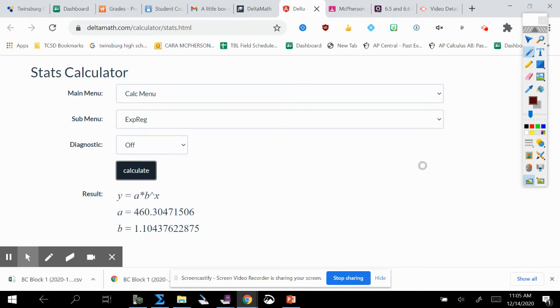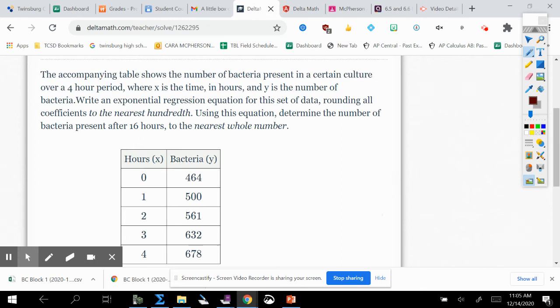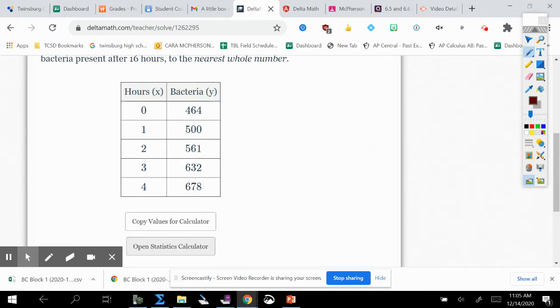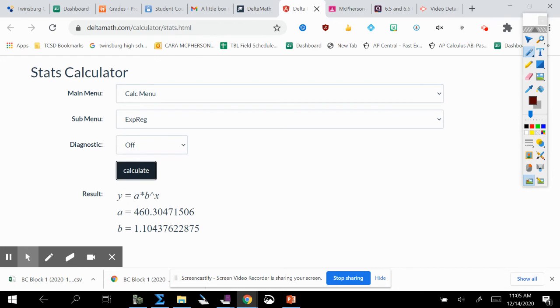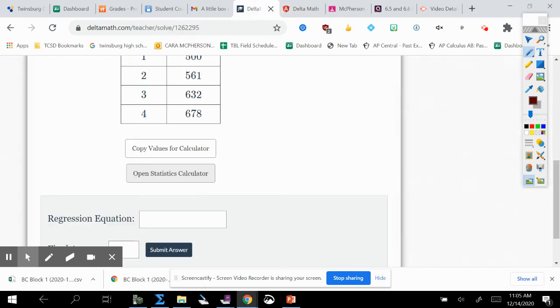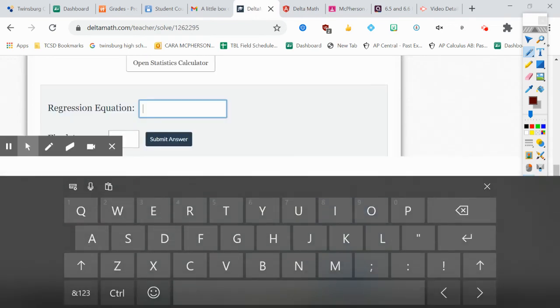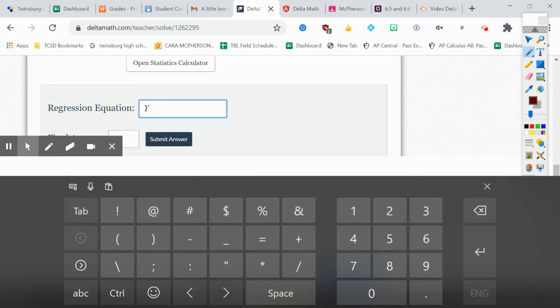What it's going to do is give you the A value and the B value for your regression equation. Let me see how much they want me to round it. They want to round to the nearest hundredth for the coefficients. So we're going to type in y equals 460.30. The only part I don't like about this is it's tough to remember what's what here.